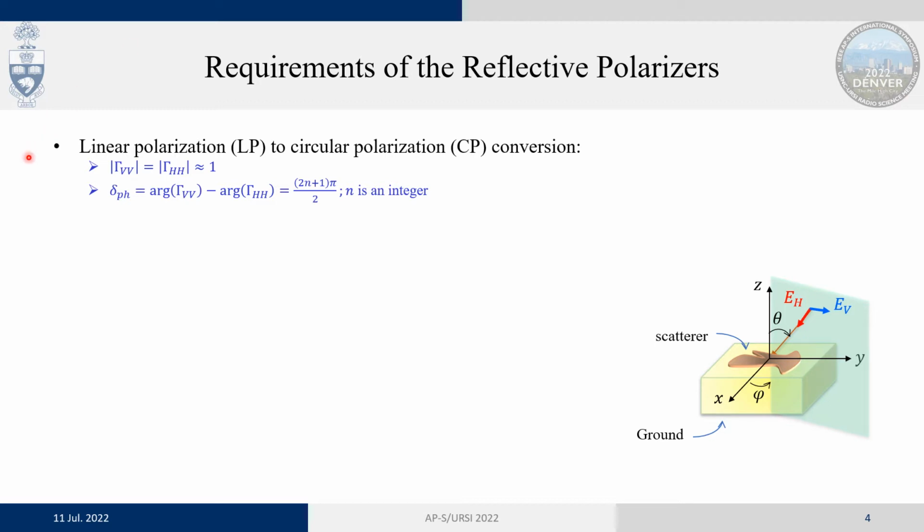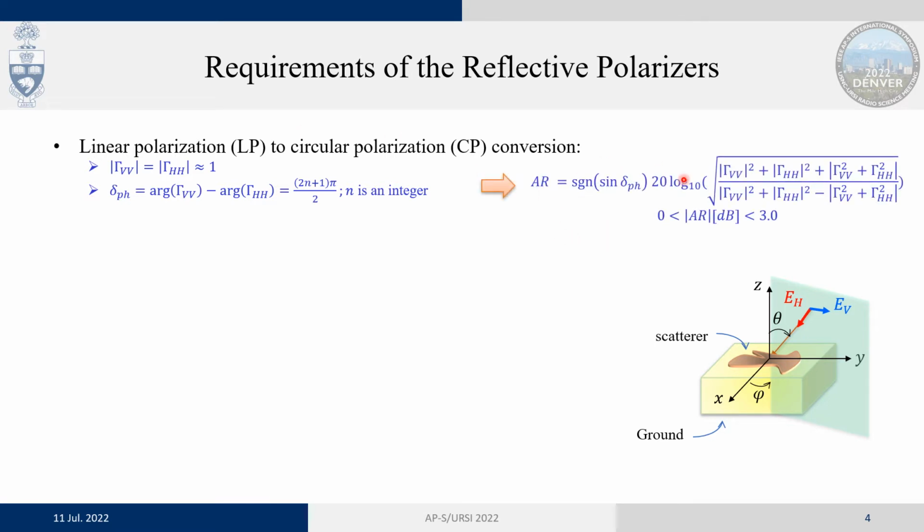First, the meta-atom needs to reflect the two orthogonal linear polarizations that are aligned with the scatter features completely. Then it should introduce a phase difference between them that is an odd multiplication of pi over 2, meaning, for example, plus or minus 90 degrees, plus or minus 270 degrees, etc. Then we can define the axial ratio of the reflected CP wave in this way in dB.